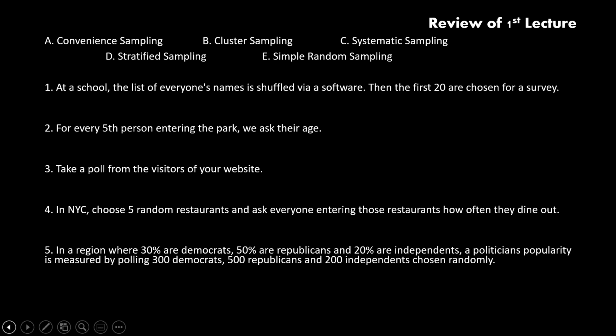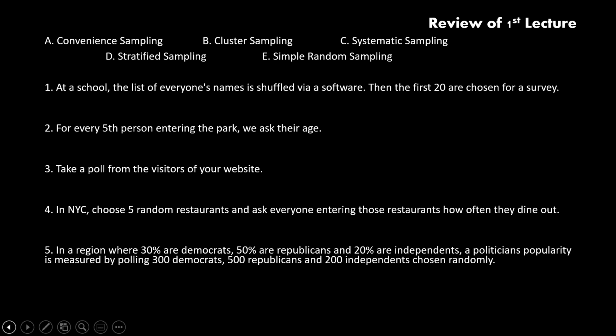Okay. Take a poll from the visitors of your website. Convenience sampling. Convenience sampling means you don't care about the quality of data that you're getting. It's like just get something, okay? And usually convenience sampling is not for the actual use.